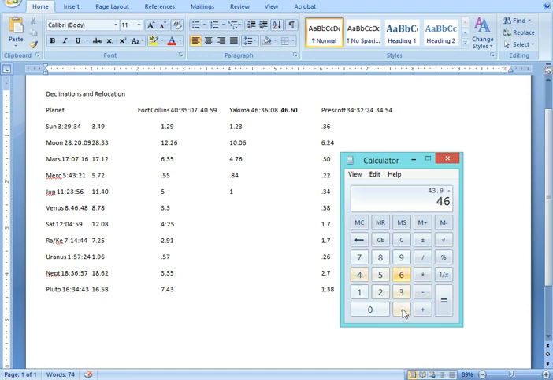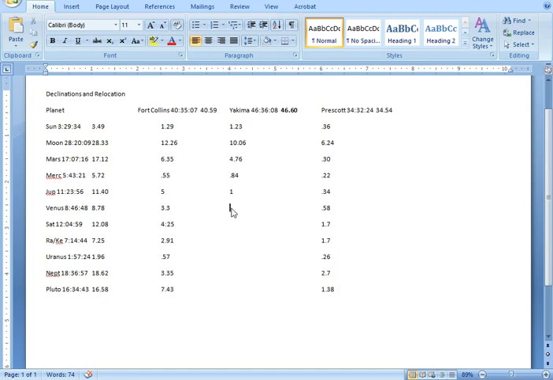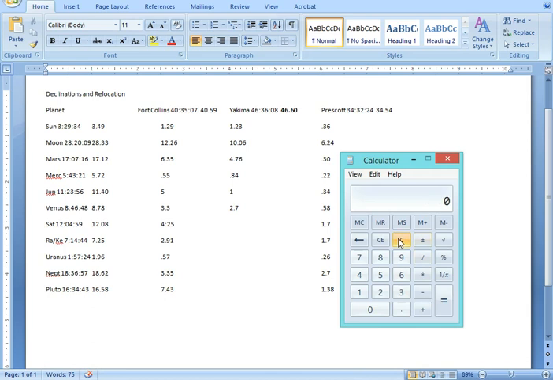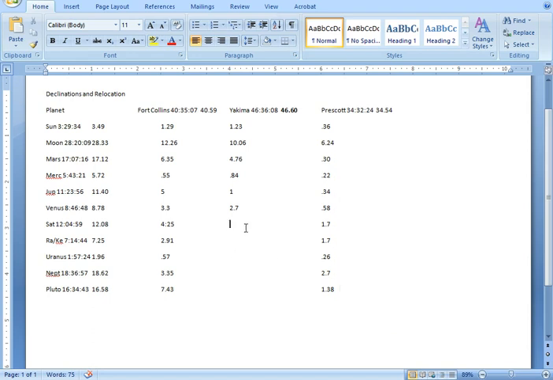Minus 46.6 equals 2.7. So Venus is 2.7 away there. Saturn at 12.08 degrees is probably around 4 times. 12.08 times 4 equals 48.32, minus 46.6 equals 1.72 degrees away from exact at that location of Yakima.